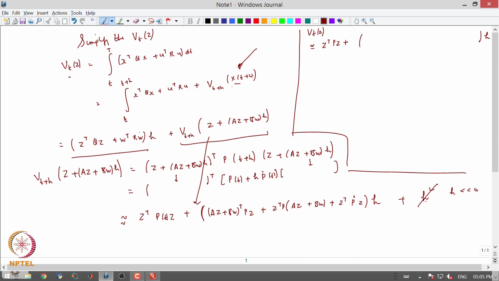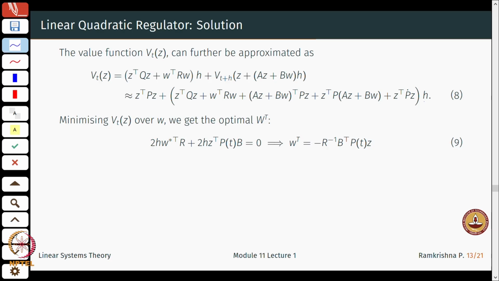What we'll add here is that this term and this term also have a common factor of h, so they will just go here. This term will be as it is, z transpose P z. Whatever is in this big bracket here will have two additional terms, this one and this one. Okay, so then this is how it will look.